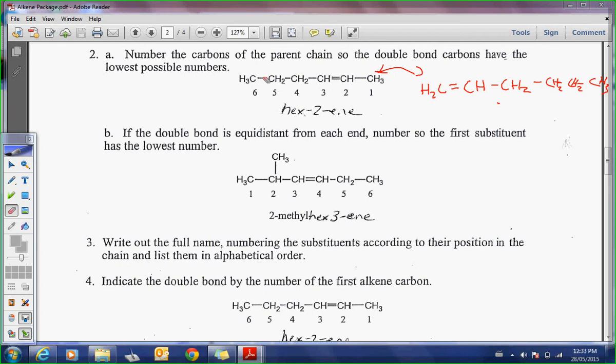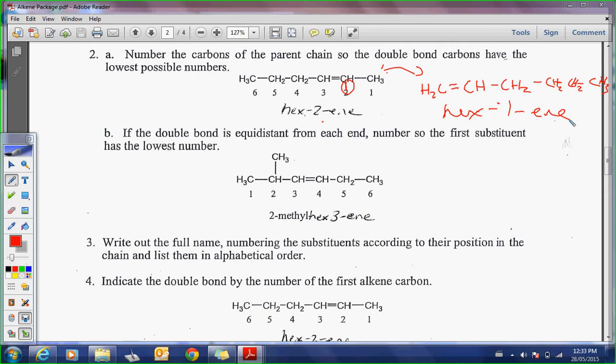So carbon 1, carbon 2, carbon 3, I'm still counting from left to right or right to left, depending on which works best for me. And the double bond is on carbon 2. So that's hex-2-ene. Whereas this one would have been hex-1-ene.